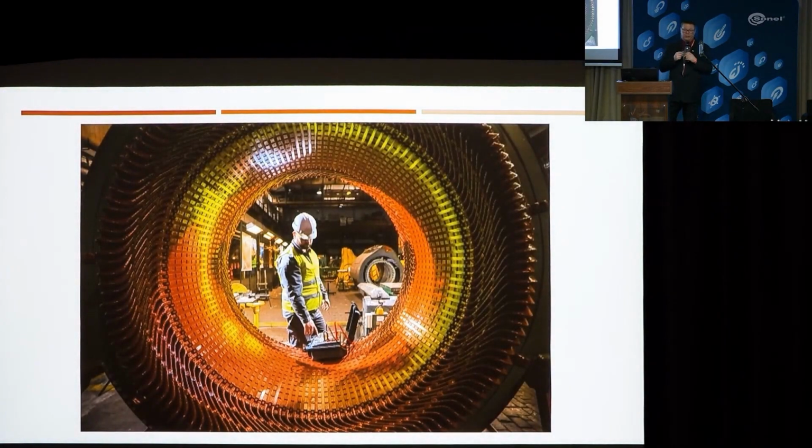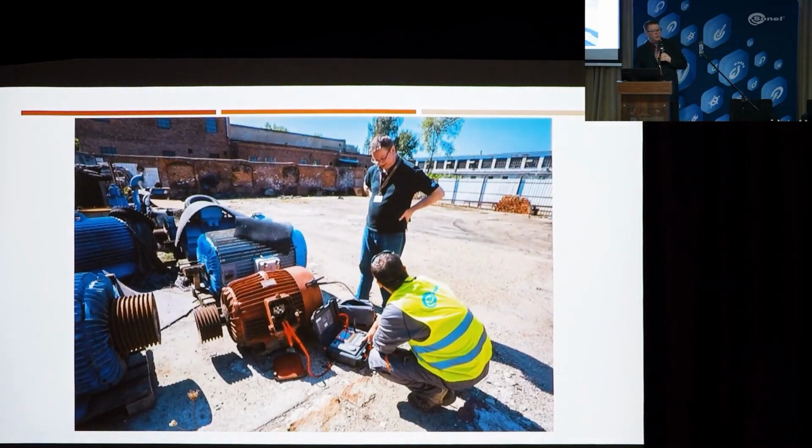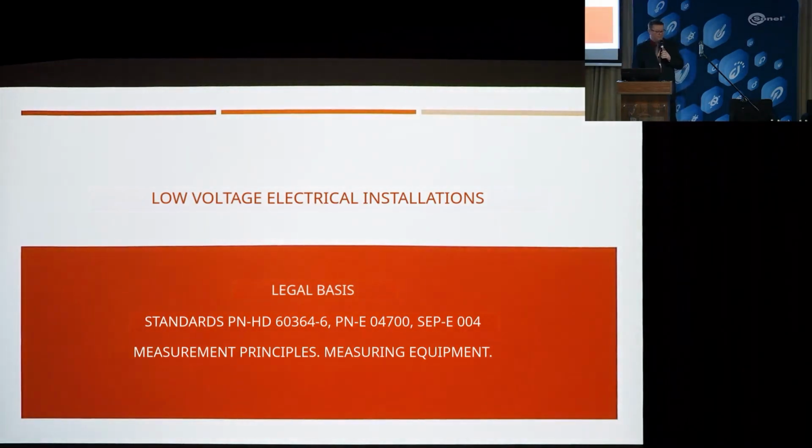You should also test stators, which, as you can see in the photo, may be large or smaller. All of this is done using measuring instruments called insulation resistance meters.